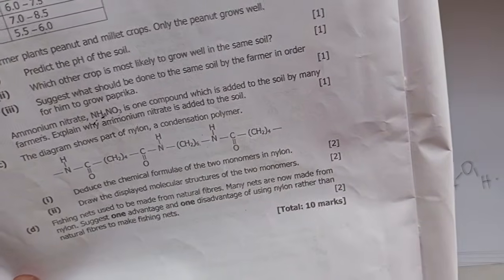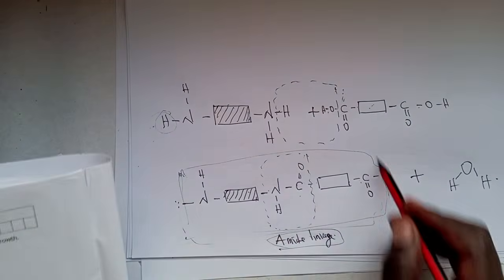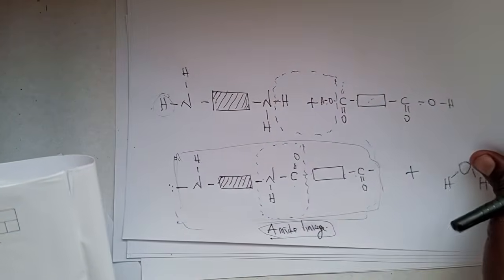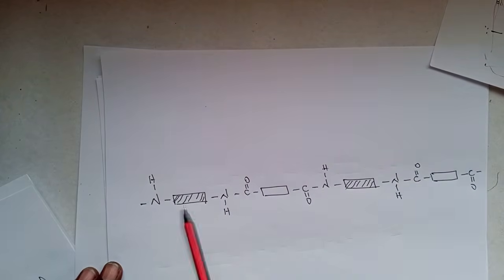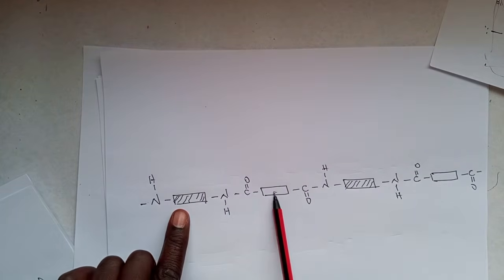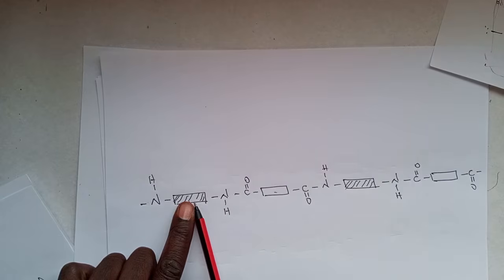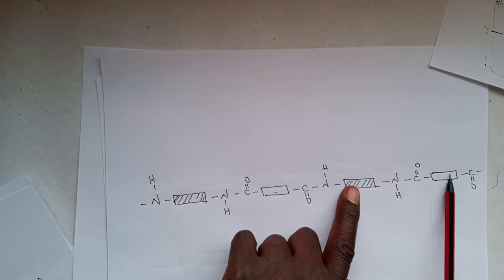So if you are asked how many repeating units are here, well, here we have only 1 repeating unit. Okay? It's going to be funny if you say we have 2 repeating units here. If I asked a question to say how many repeating units are here, well, you have this monomer and this monomer forming up the nylon molecule. Again, you have this monomer and this monomer forming this.